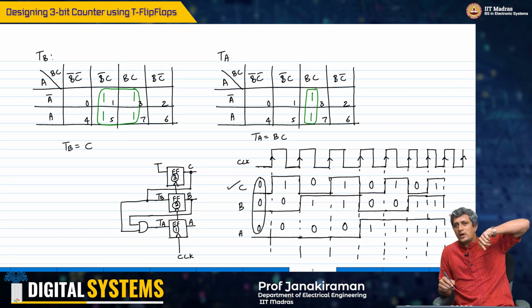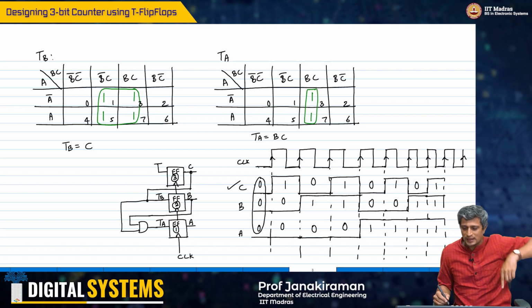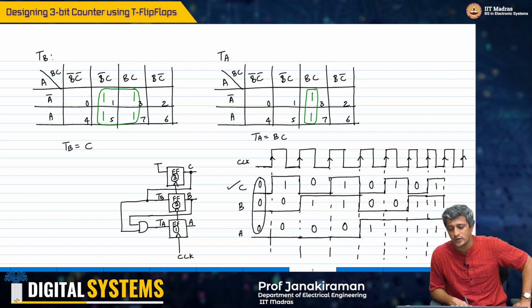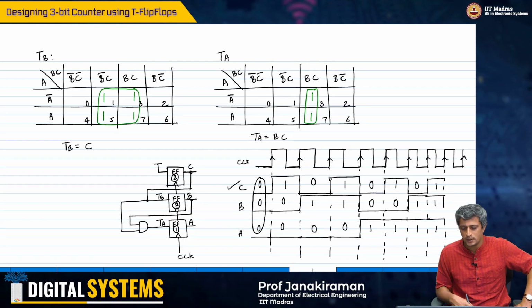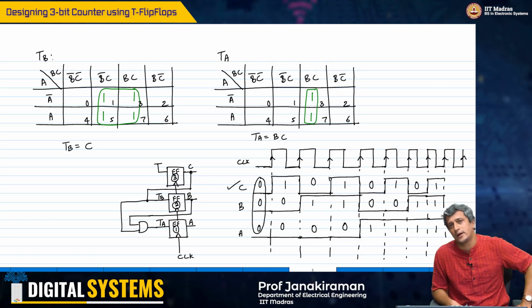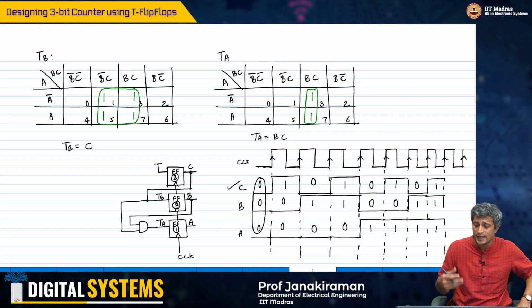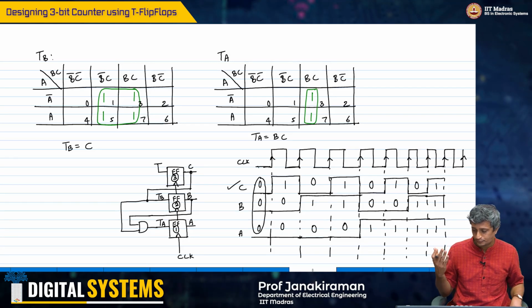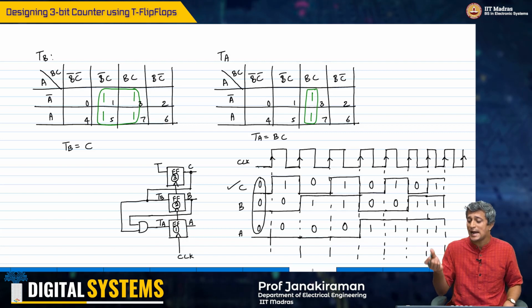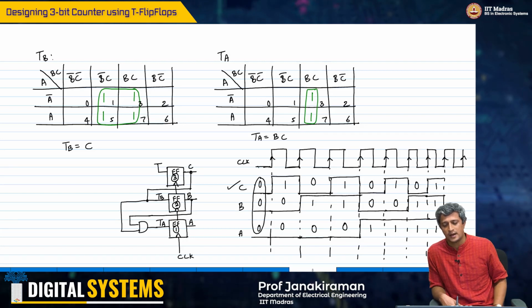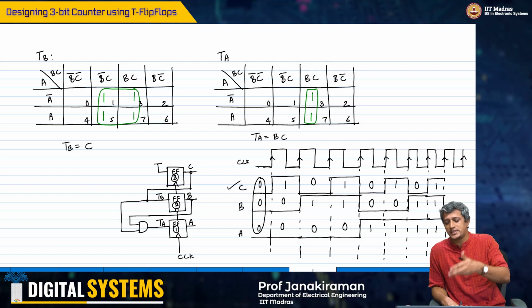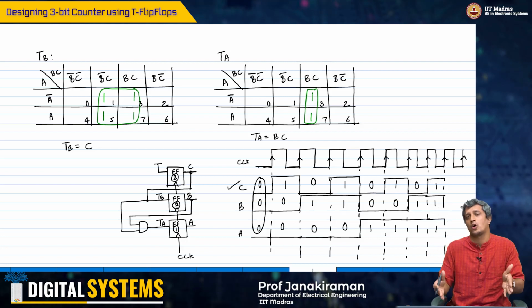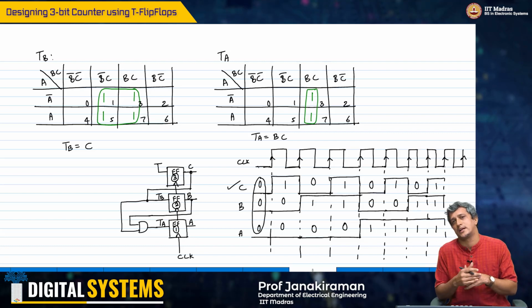Then you do the other case, when both B and C are high, you make this A toggle, because that has to toggle every 4 clock cycles.